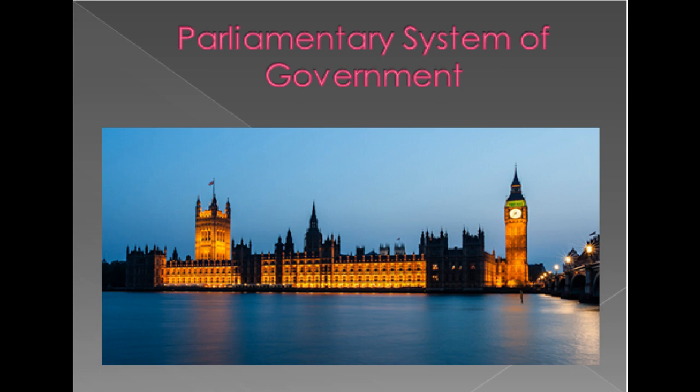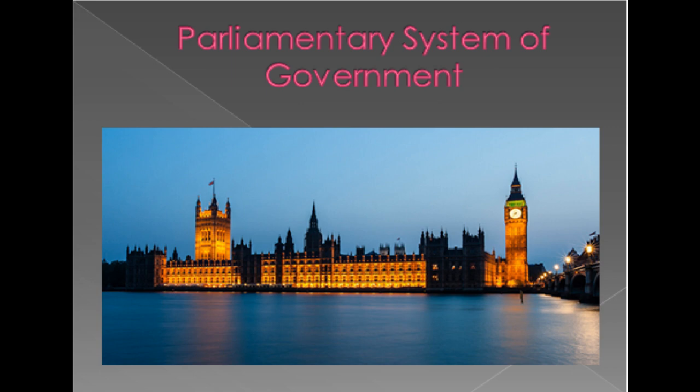England is a very old country which already had its own way of functioning and its own system of government. So, the parliamentary system of government developed primarily in England. The English constitution is an unwritten constitution. In India, we have a written constitution, the largest constitution. England's is unwritten.